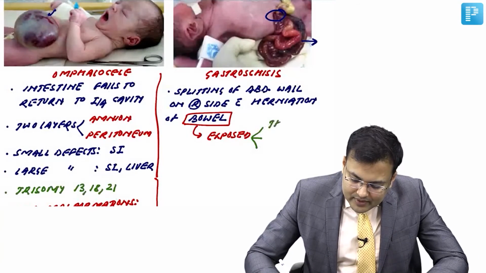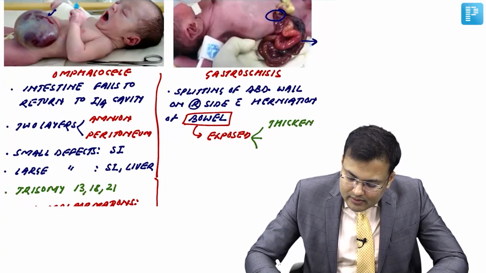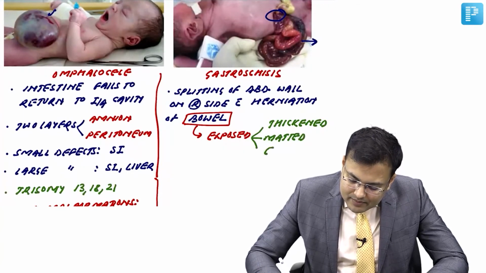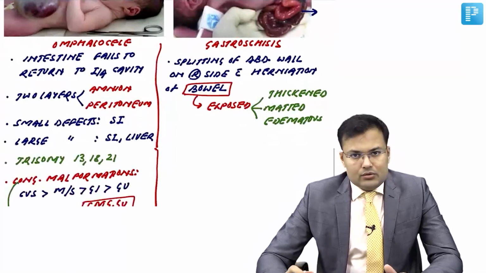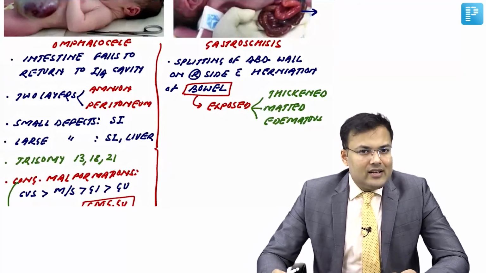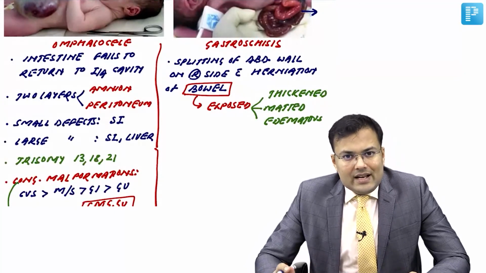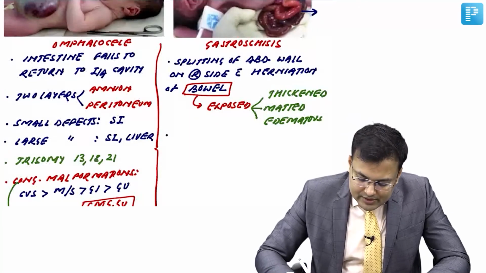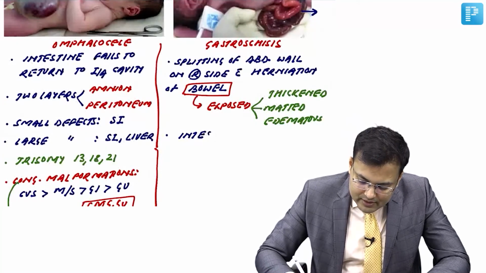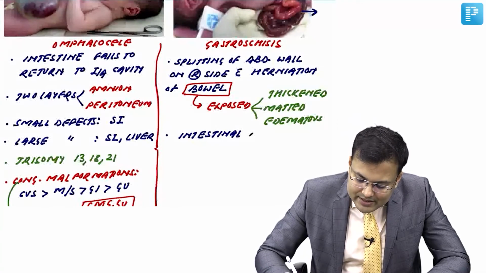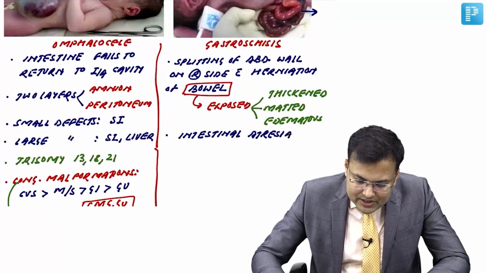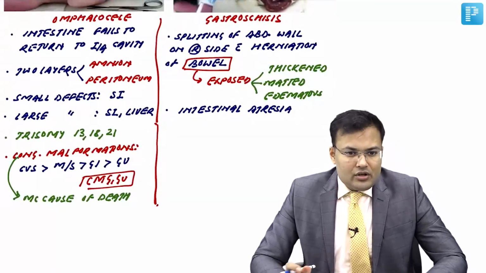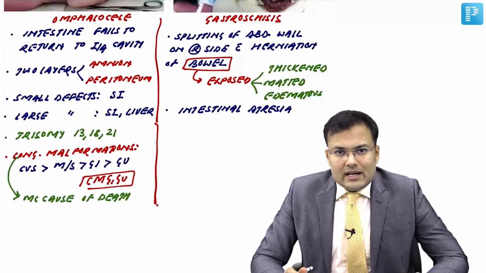The bowel is thickened, matted and edematous. Clear? And there is one association with gastroschisis: it is associated with intestinal atresia. Otherwise, the congenital malformations are not seen. Here it is not associated with any other congenital malformation.